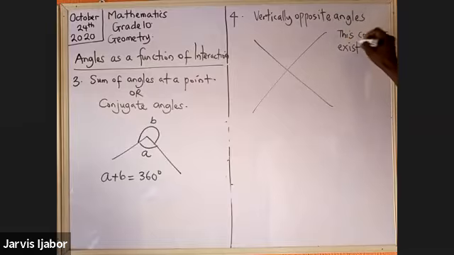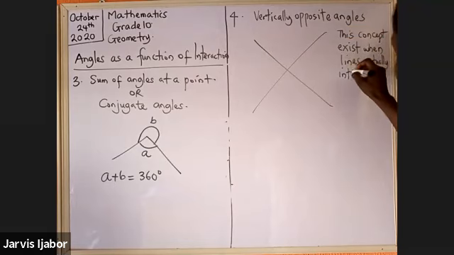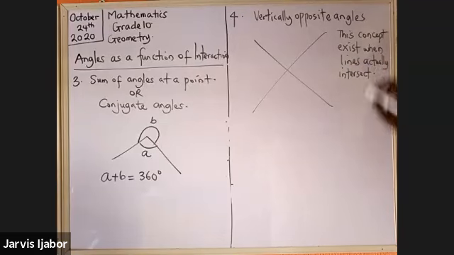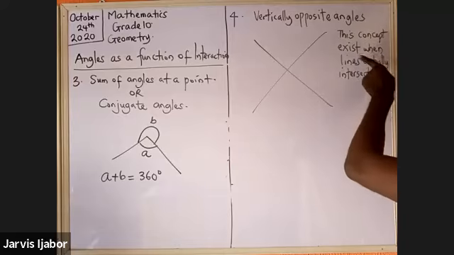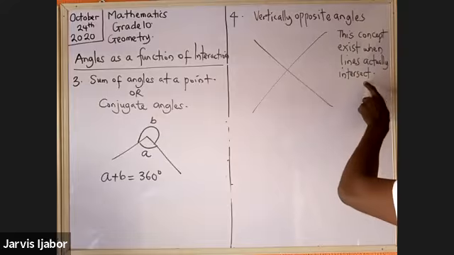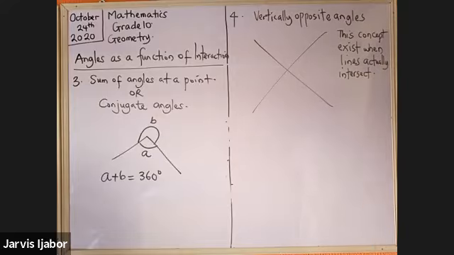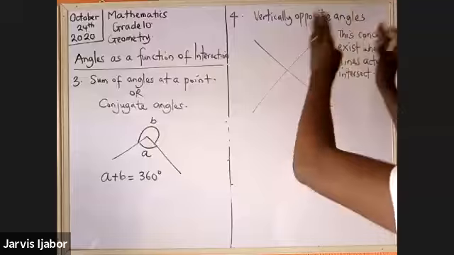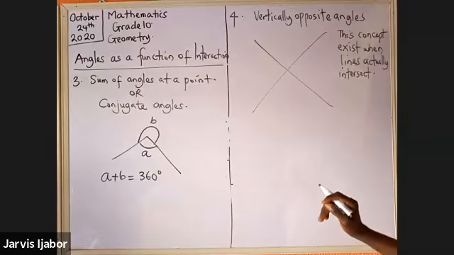This concept exists when lines actually do what? Intersect. So when you have lines that are intersecting, the concept there is that of vertically opposite angles. So how does it play out?